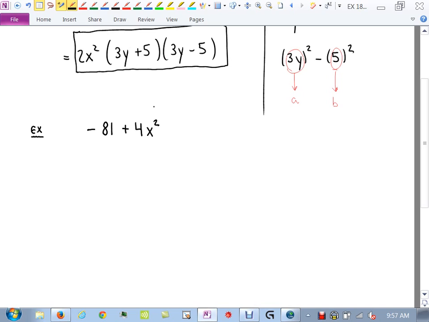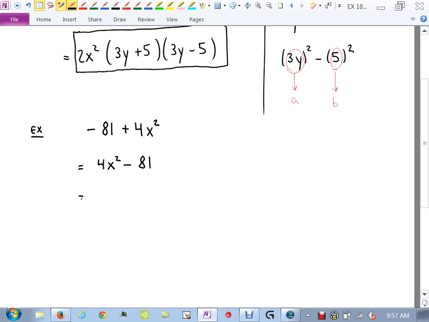But if you reverse the order of this problem and put your 4x squared first, then it becomes minus 81, doesn't it? Because your 4x squared is positive, and then negative 81 is negative, so that's the same as subtracting it. So these are exactly the same problems, aren't they? Yeah, it's the commutative property of addition. You just flip it. Now it looks like a difference of squares, doesn't it?